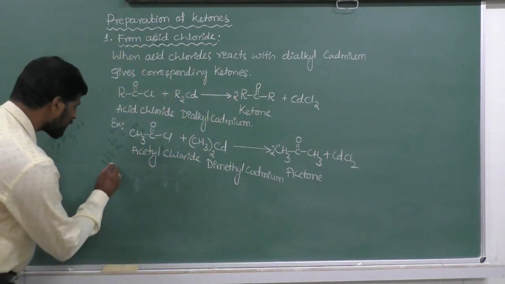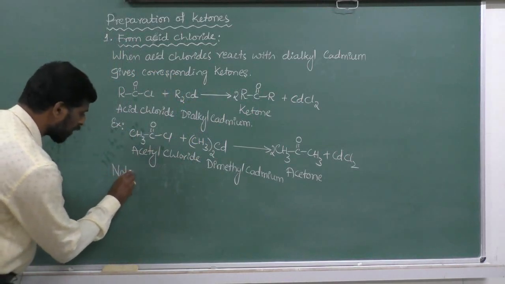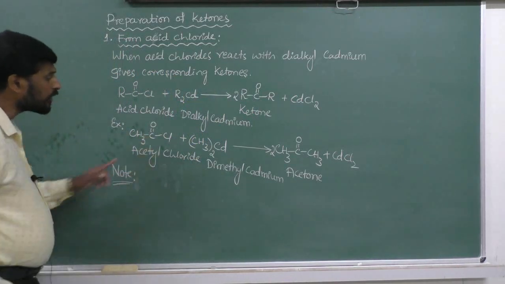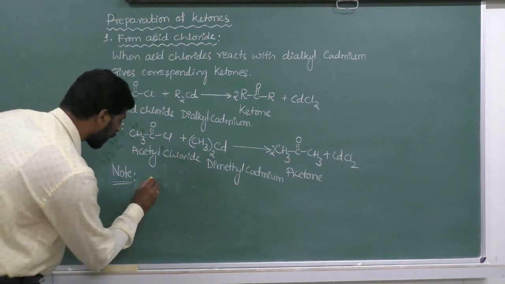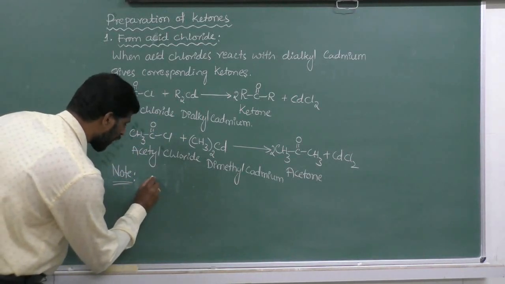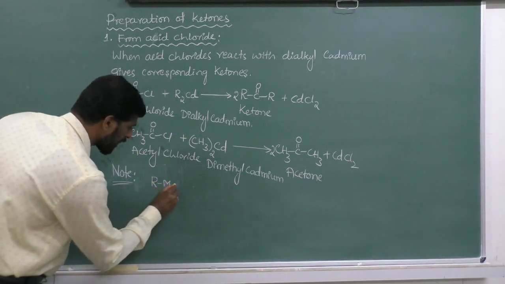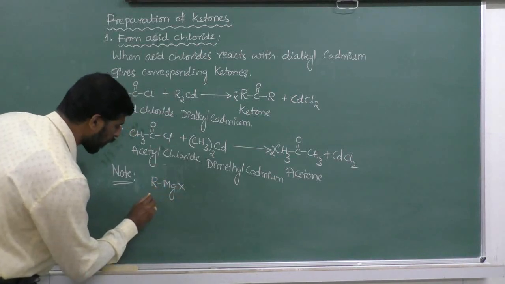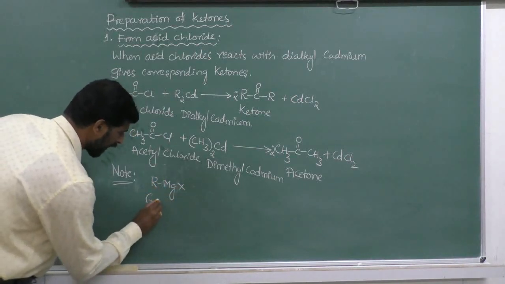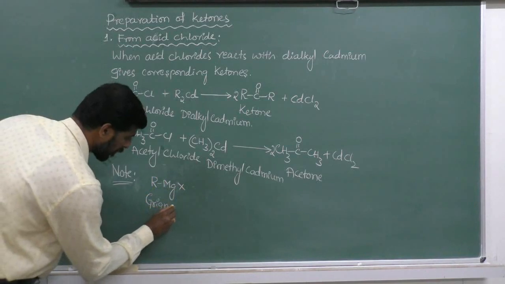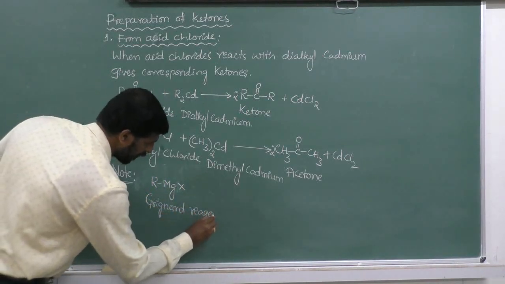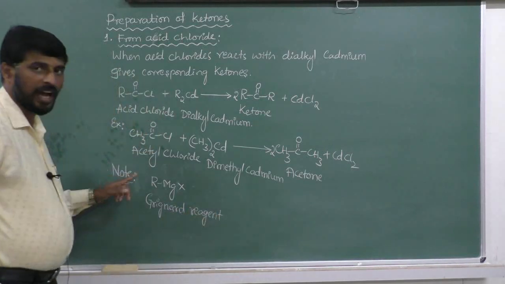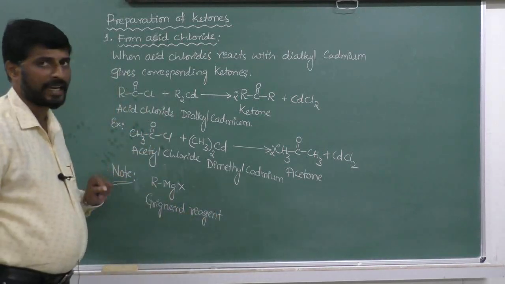Now please make a note here, how this dialkyl cadmium is formed. The dialkyl cadmium is formed by the reaction of RMgX. What is this compound? It is called Grignard reagent, alkyl magnesium halide.